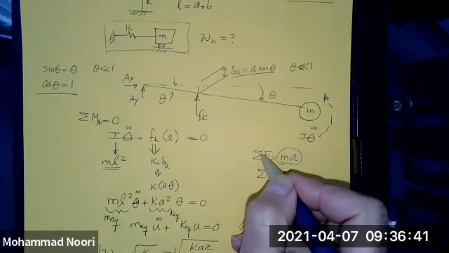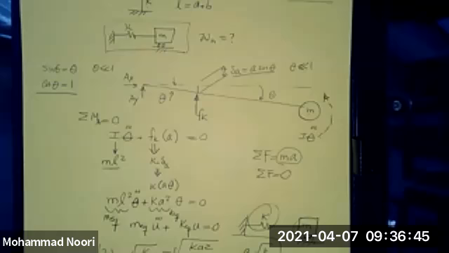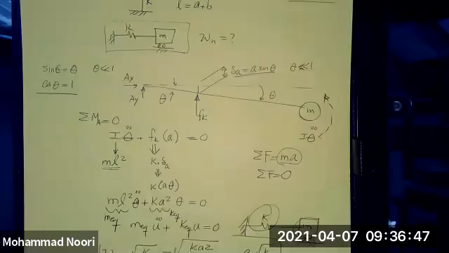You see what I mean? Okay. So by using the D'Alembert force, which is in the opposite direction of motion, you have, in a way, converted a dynamic problem to a static problem.